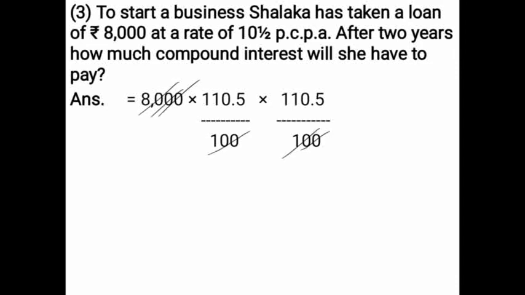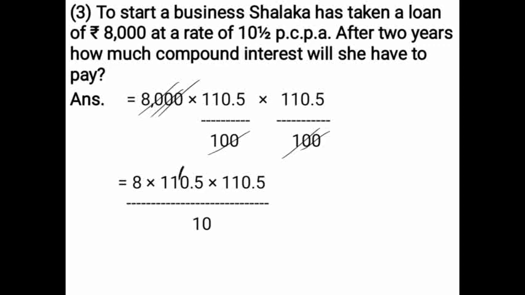Like this way. Now you have to write multiplication form on numerator. Denominator, which number is left, that you have to write as it is. That is 8 into 110.5 into 110.5 upon 10. Now you have to multiply the square of 110.5 first.